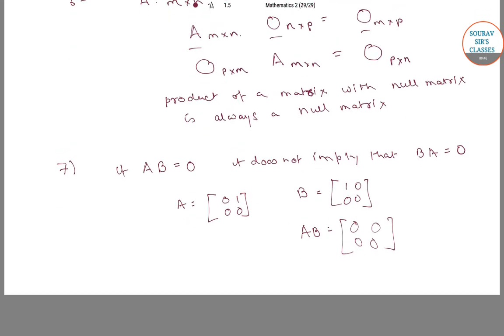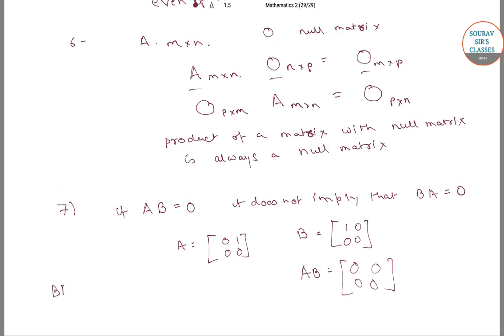But BA, which is equal to 1, 0, 0, 0 into 0, 1, 0, 0, this is equal to 0 1 0 0, which is not equal to a null matrix. Hence, AB is equal to a null matrix, but BA is not a null matrix.